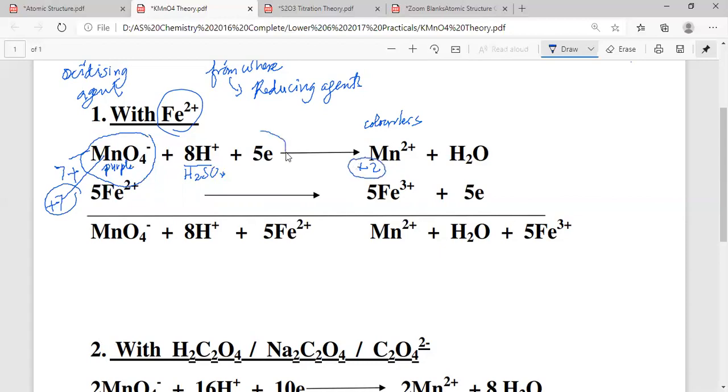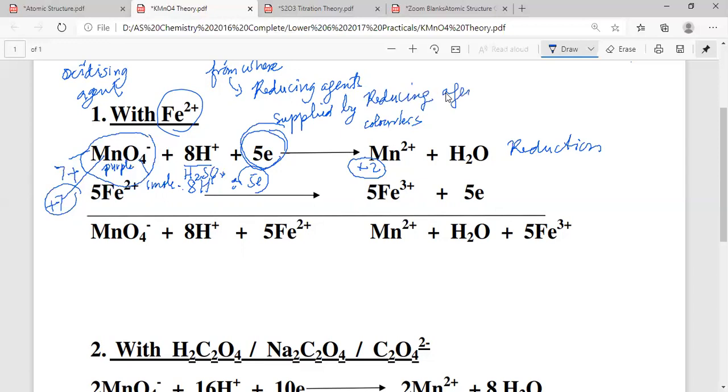So it must gain 5 electrons. So 1 mole of MnO4 minus, 8 moles of H+, and 5 moles of electrons must be involved in this reaction. This half reaction is called reduction. It can only happen if somebody supplies these electrons, a reducing agent.